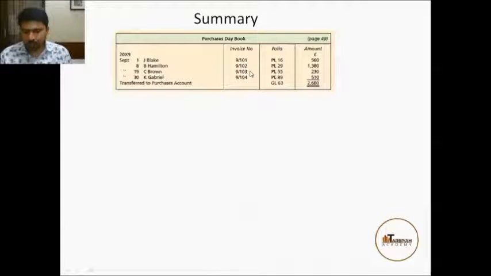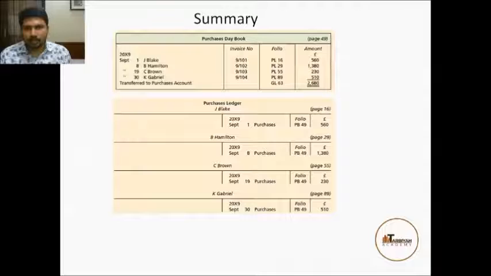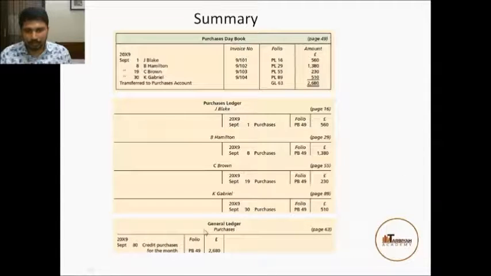Okay, and then at the end of every week or every month, you transfer or you record all those things into the ledger. Okay, you make them more organized. And finally, what you do is you also make an entry into the general ledger, which is also a type of ledger.